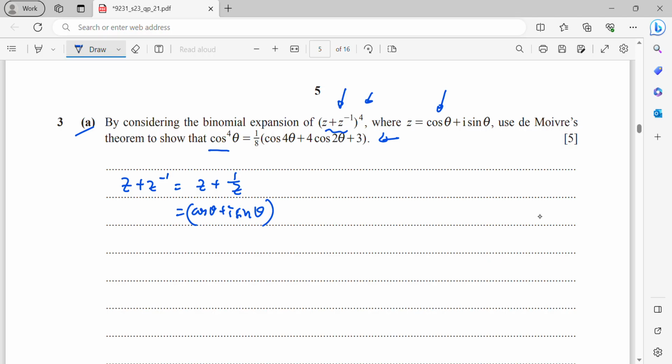Then the 1 over z is basically, according to De Moivre's theorem, I do it step by step. So cos theta plus i sin theta to the power of negative 1. Okay, because of this negative 1, that means you will get cos theta plus i sin theta, according to De Moivre's theorem, you can just bring in the negative to the theta.